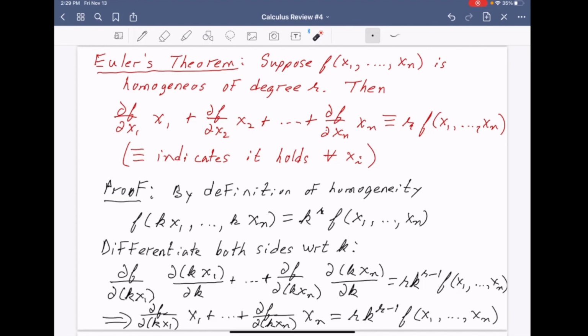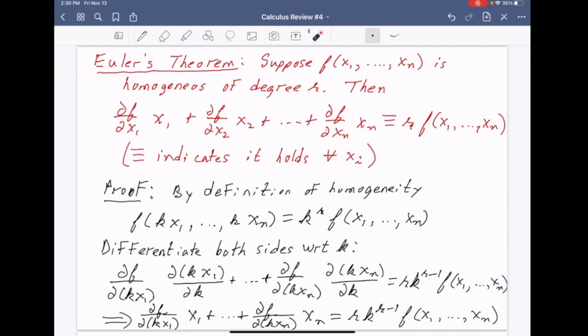Then, if we take the partials of the function with respect to each of the parameters of the function, x1, x2, xn, and for each of those we multiply it by the level of the input, the variable in the function, the independent variables.